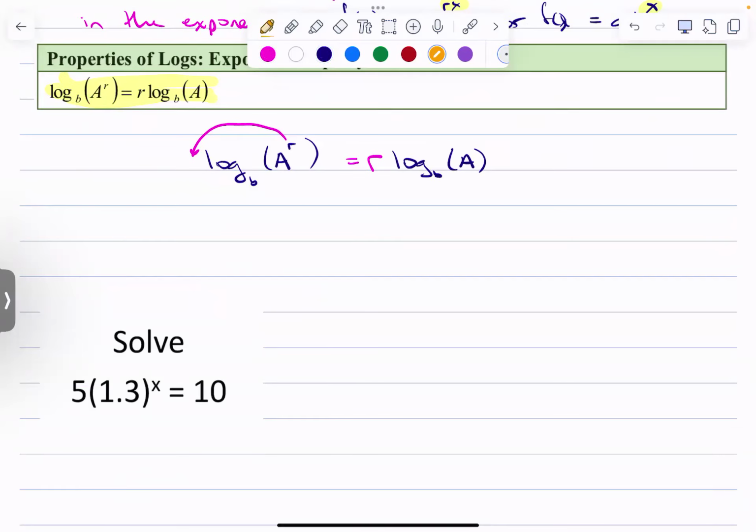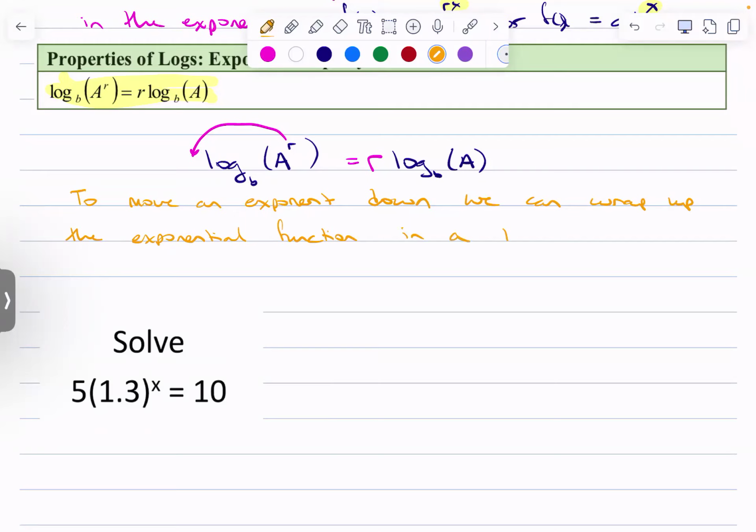So to move an exponent down, we can wrap up the exponential function in a log.